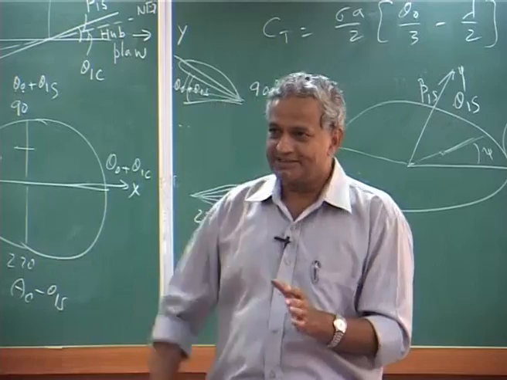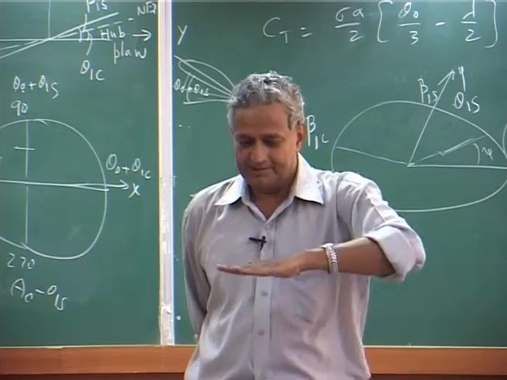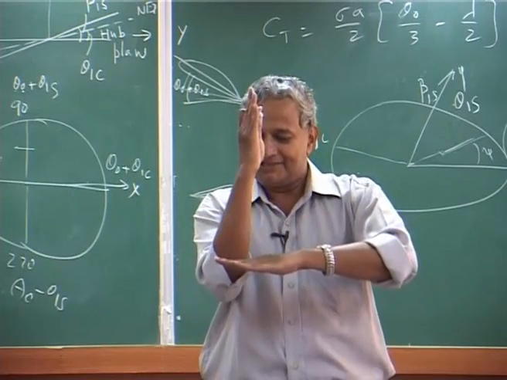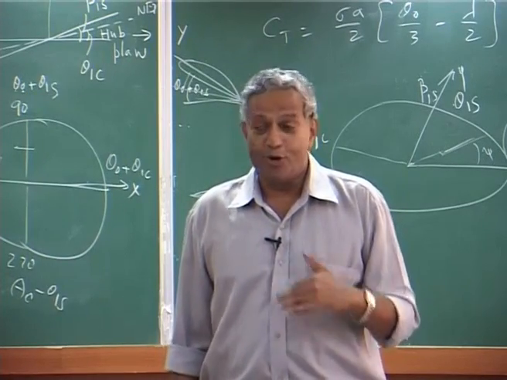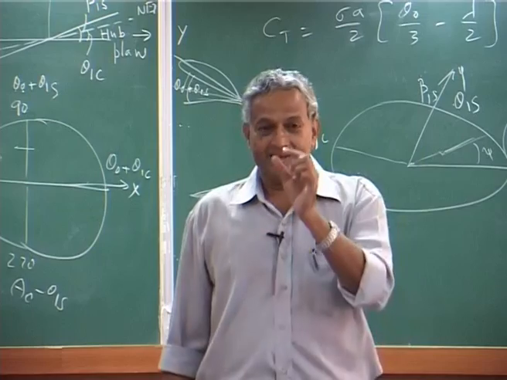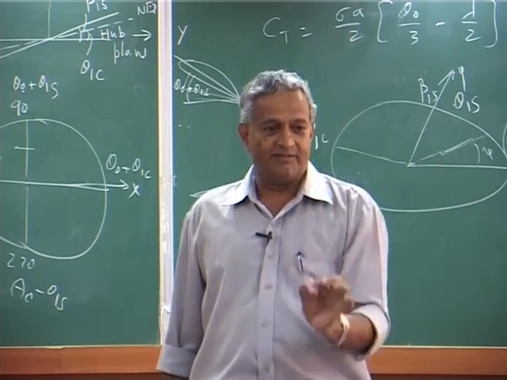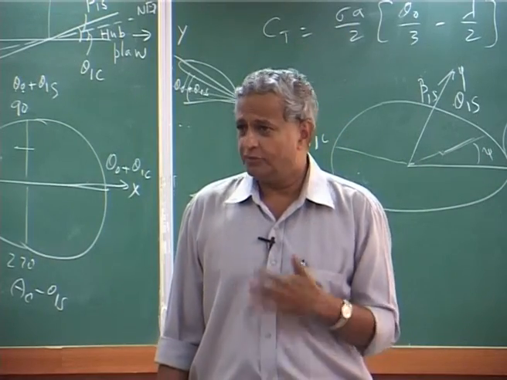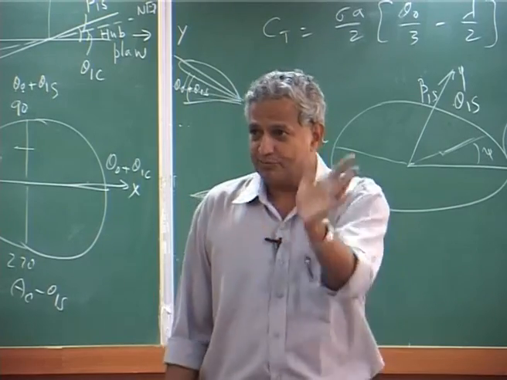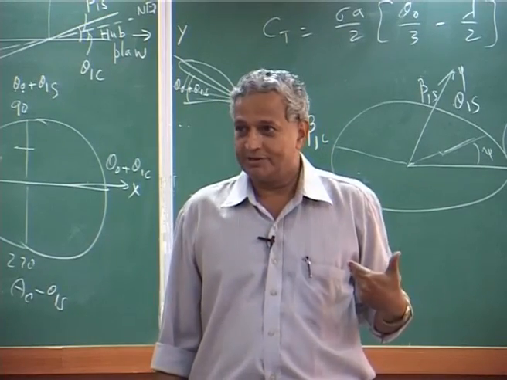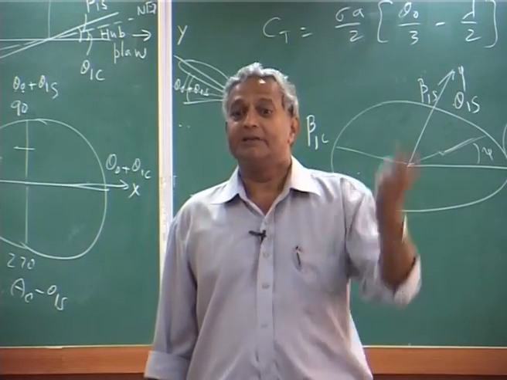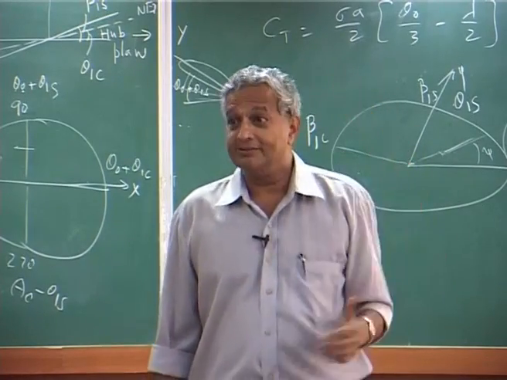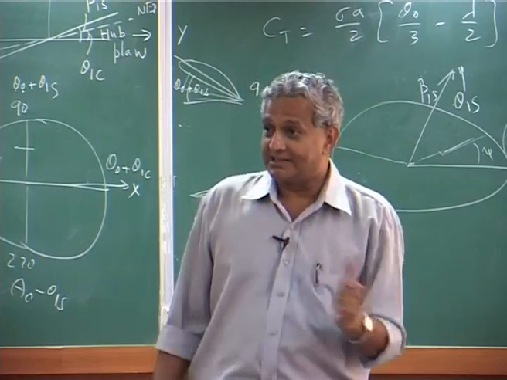Thrust is you take it a hub plane, in the sense you will get a horizontal component. That is why in hover, if the CG is right on shaft, if you give a cyclic, helicopter will start moving. Okay, you cannot be in hover and at the same time I do not want the helicopter to move, but I will give a cyclic, no.